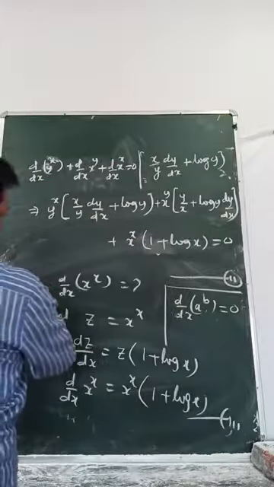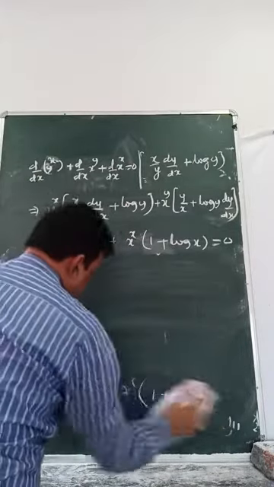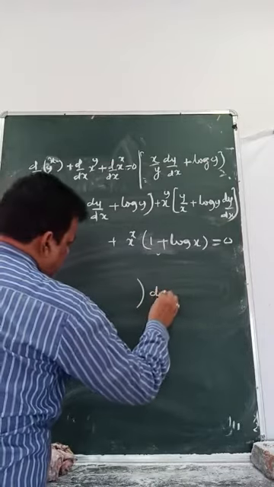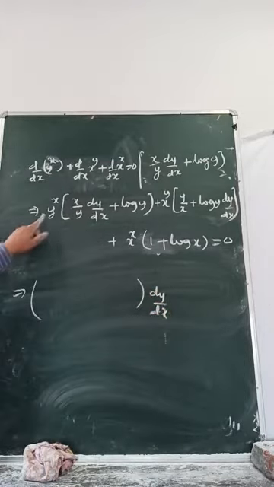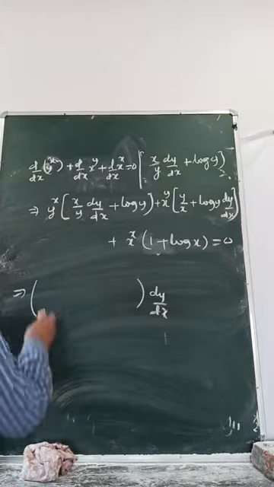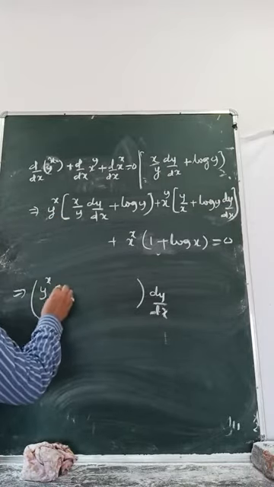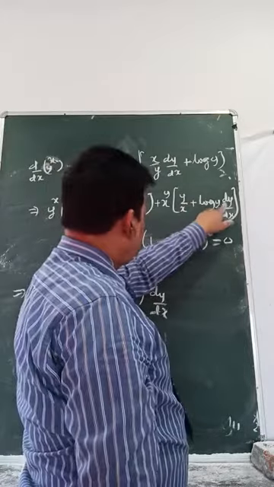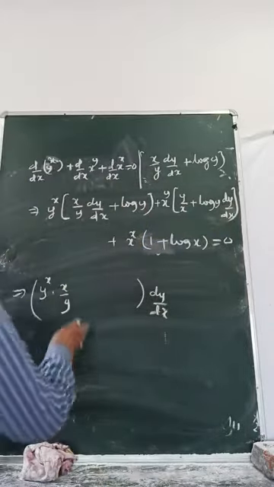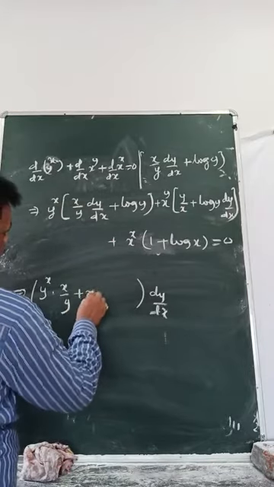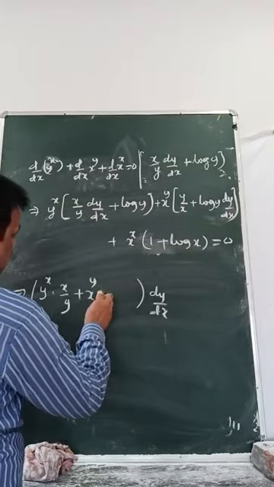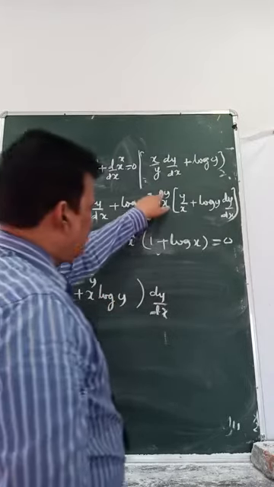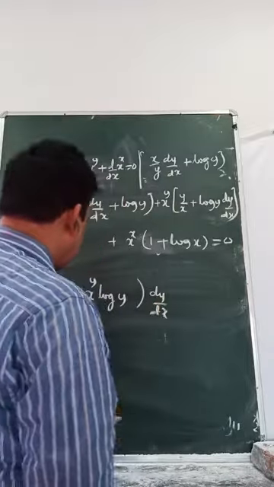Now you have to simplify it. Look at here, directly you can try. If I write dy by dx, one part I will get here, y to the power x into x by y. One more part I am finding here, that is plus x to the power y log y. dy by dx I have taken common.